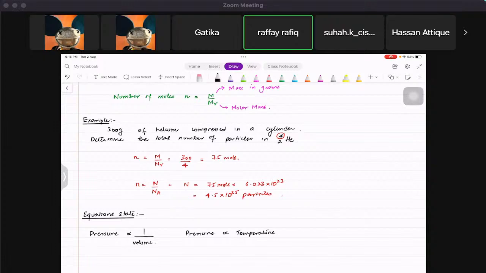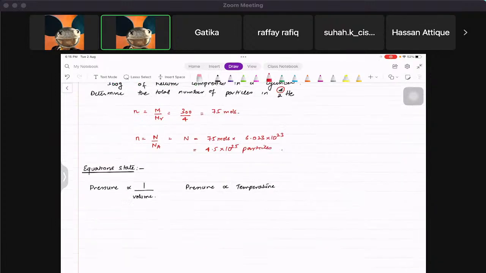Yes, sir. Okay, so generally we would write this as pressure P is inversely proportional to V, and pressure is directly proportional to T, like that.